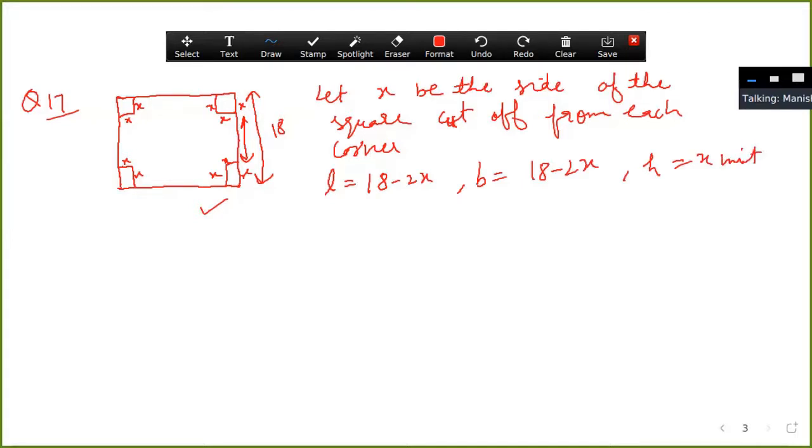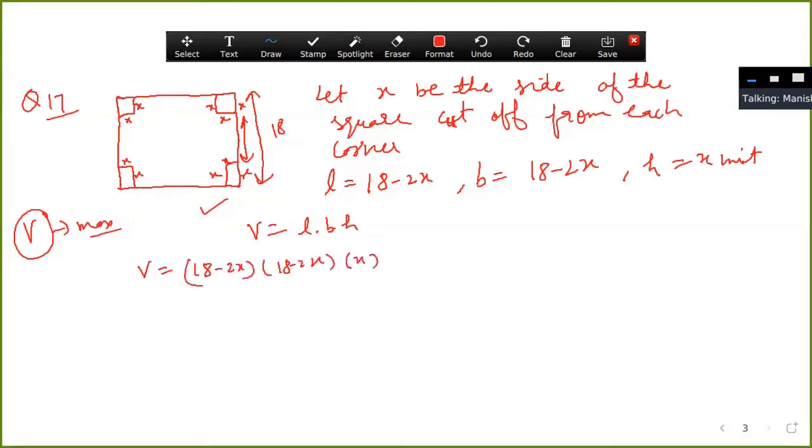Now you want to maximize the volume. Volume will be equal to length into breadth into height, so volume will be 18 minus 2x into 18 minus 2x into x, or you can say it is 18 minus 2x whole square into x.